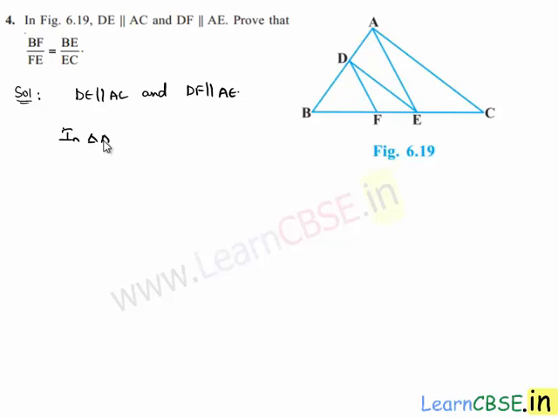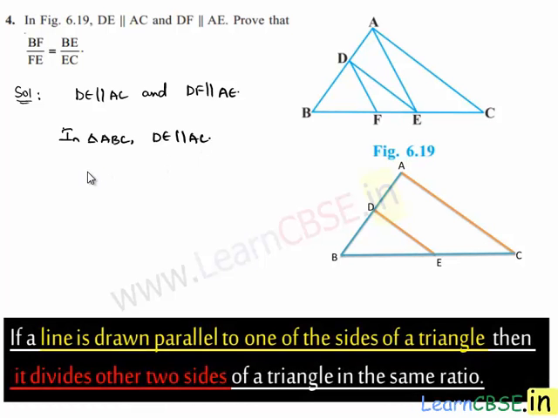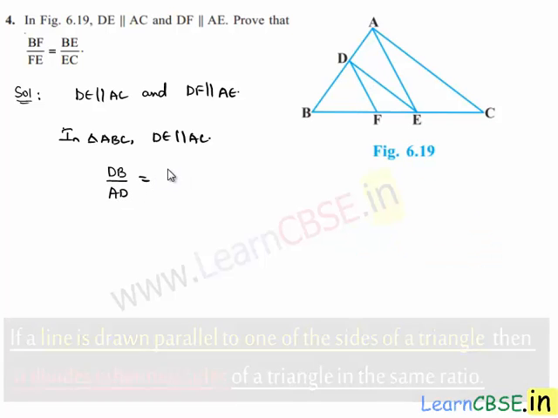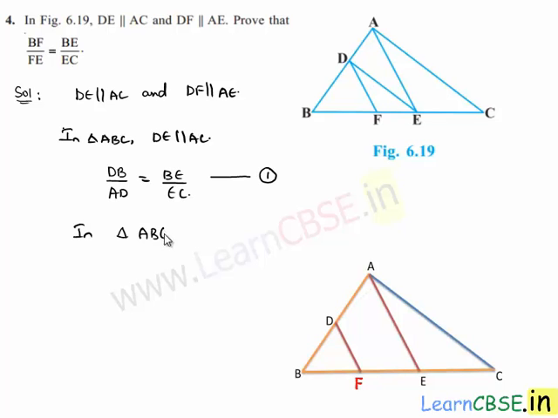So now, in triangle ABC, DE is parallel to AC. Then by application of the basic proportionality theorem, we can say that DB by AD is equal to DE by EC. Let it be equation number 1. In triangle ABE, given that DF is parallel to AE.